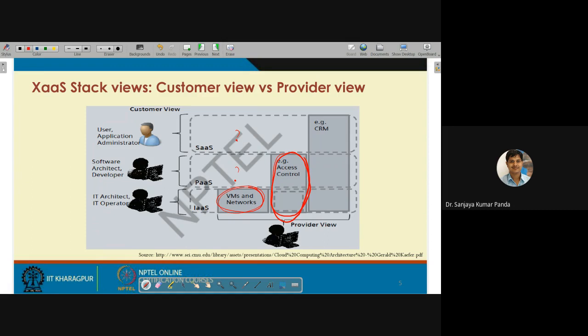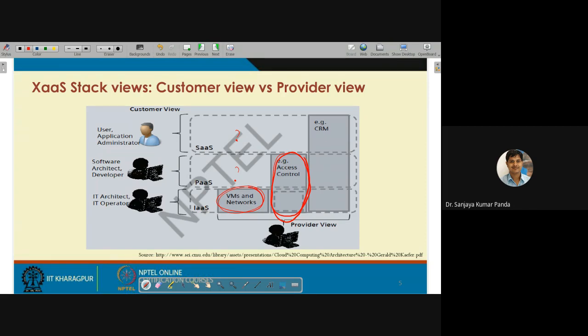That will be handled by the admin. The rest will be taken care of by your cloud service provider, like the software architect or developer, who will look into the runtime environment, and the IT architect, who will focus on the infrastructure part.